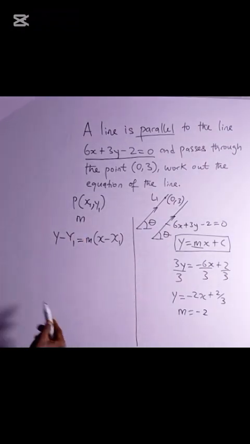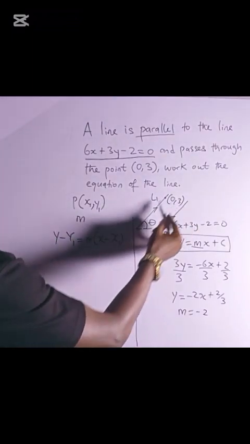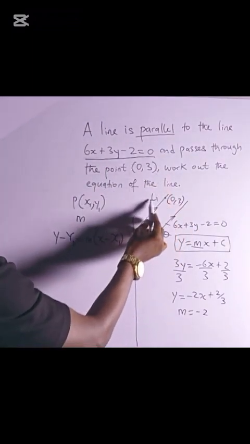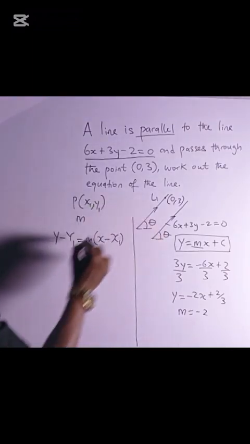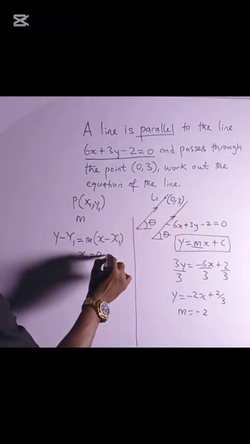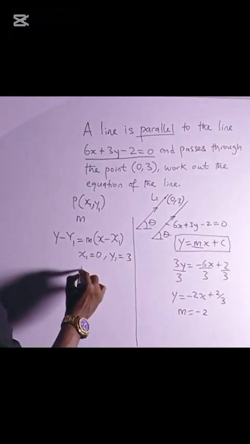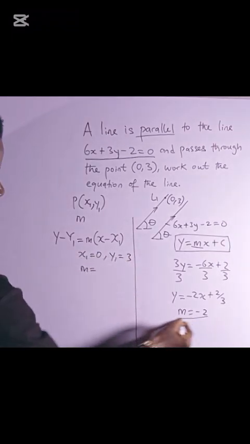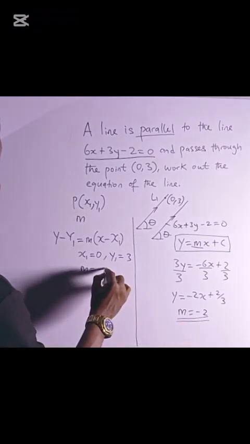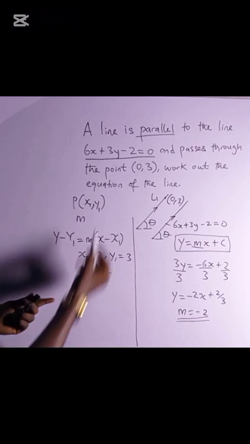So now we can compute the equation of that line L1, parallel to the given line. Our x1 equals 0 from this point, our y1 equals 3, and our m equals, as calculated, minus 2. So now we can get our equation.